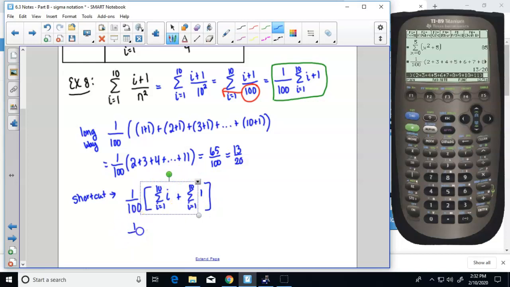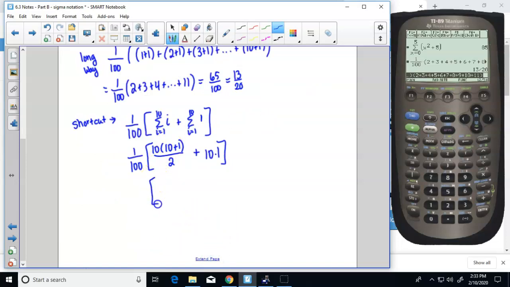Our shortcut told us that if we are taking the sum of i, then we would have n times n plus 1 over 2. So 10 times 10 plus 1 over 2. And our shortcut for the sum of a constant is just n times that constant. So 10 times 1.